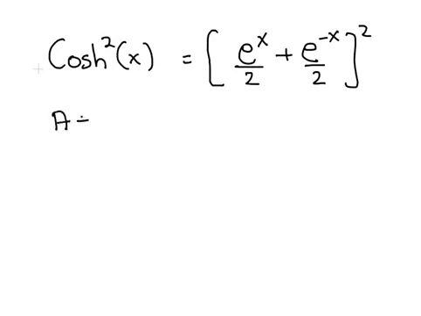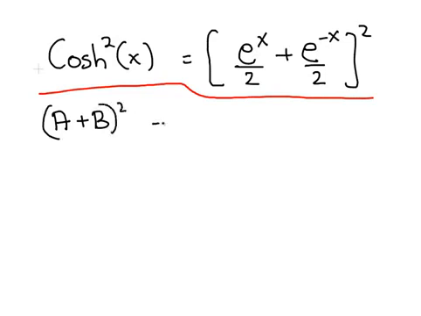Suppose we have two terms, a plus b, where a could be e to the x over 2 and b is e to the minus x over 2. A plus b squared is a squared plus 2ab plus b squared.